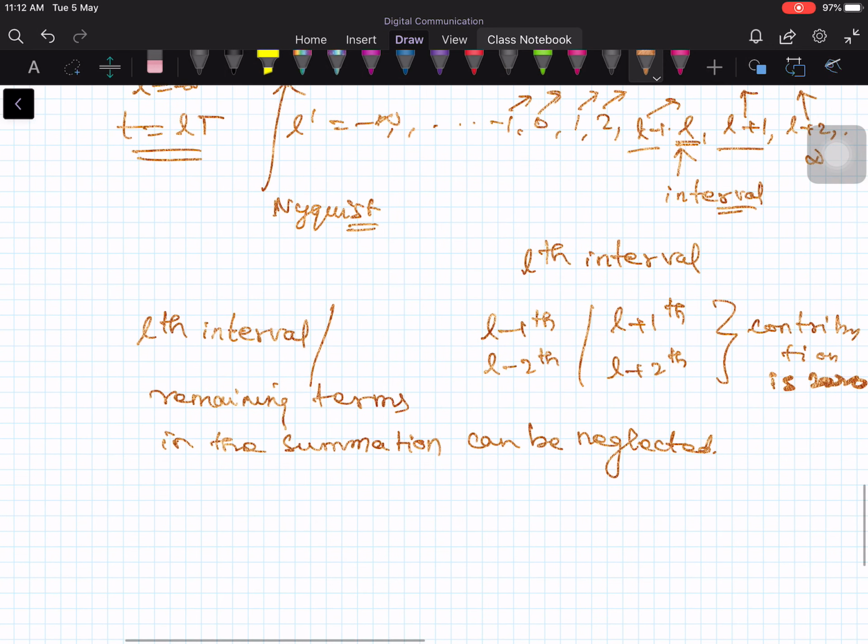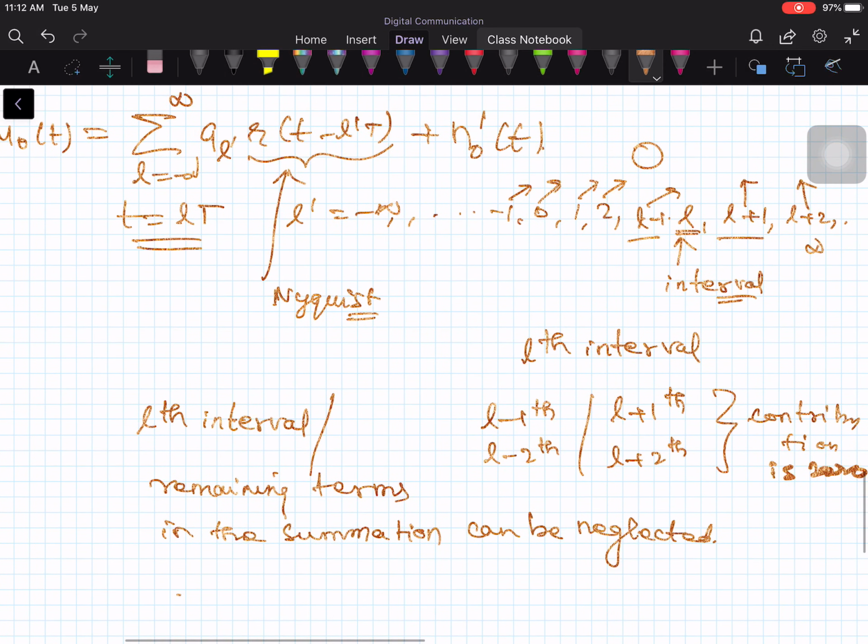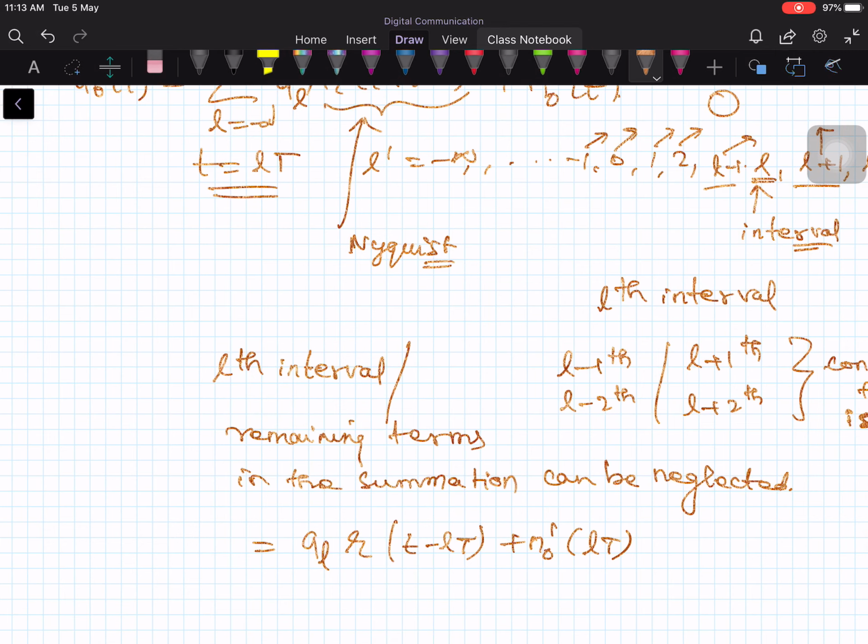Therefore the summation becomes AL, because I am considering the Lth interval, AL times R of LT minus LT, plus n0 prime of LT. So this is your U of LT.